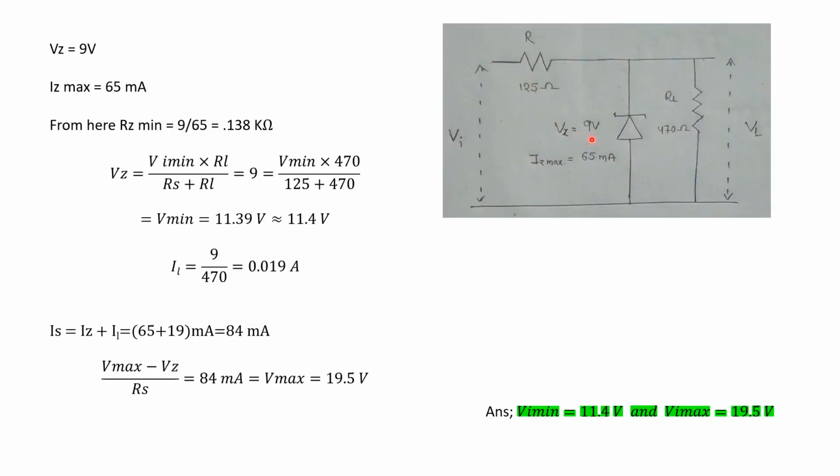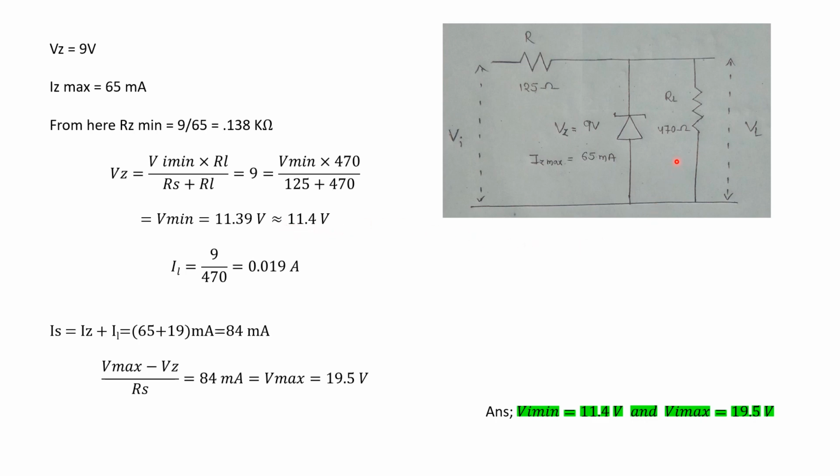So we can say that this VZ value is equal to 9 volt, that is the voltage across this Zener diode, and IZ max is given as 65 milliampere. So from here we can find that RZ min is equal to 9 by 65, which is 0.138 kilo ohm. And again the voltage across this point will be equal to VI minimum into RL divided by Rs plus RL, where Rs is the resistance of this resistor, and from here we can get that V minimum will be 11.39 volt, that is nearly equal to 11.4 volt.